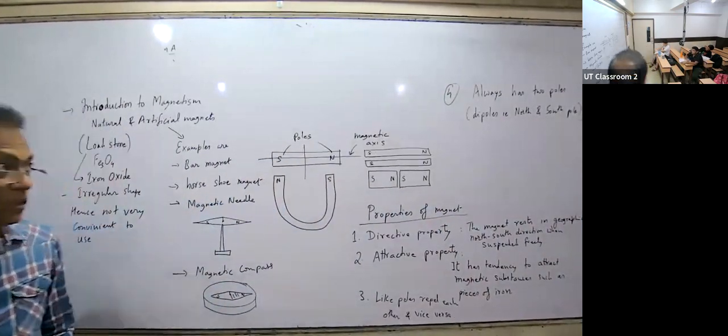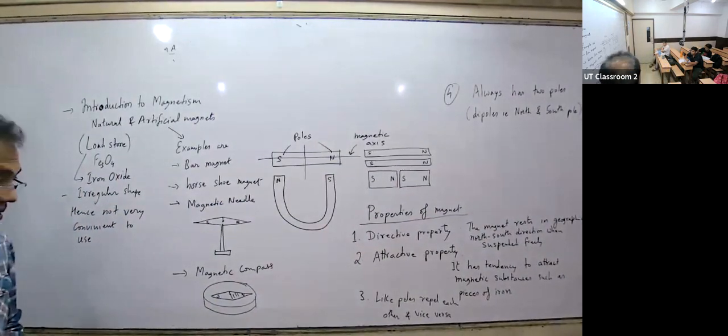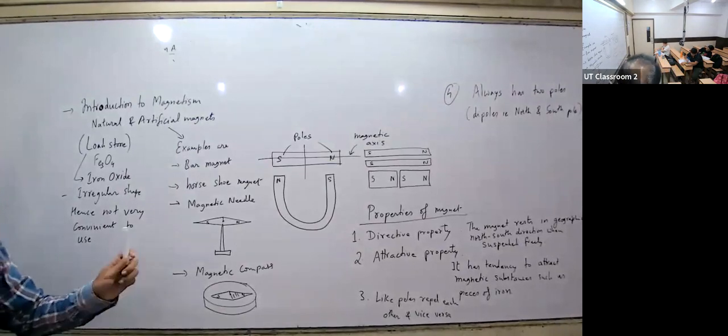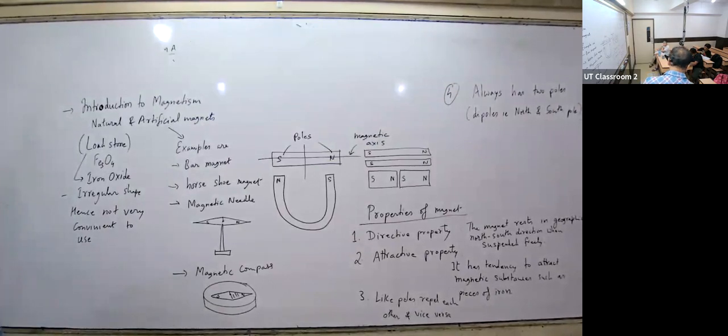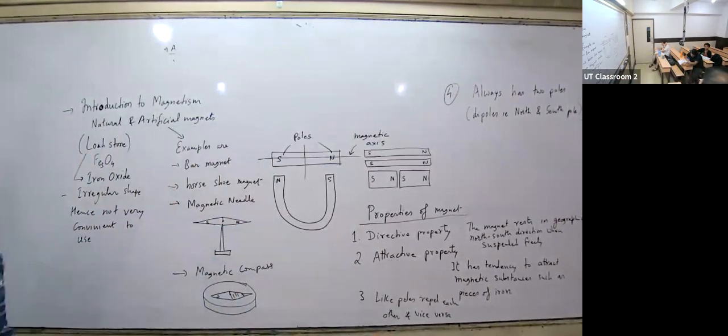Okay. So these are some properties associated with magnet, which you must know. Apart from this, now we will talk about what is magnetic field lines. That I've already spoken. Is it clear? Clear?